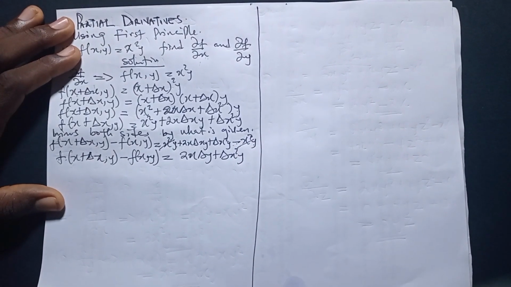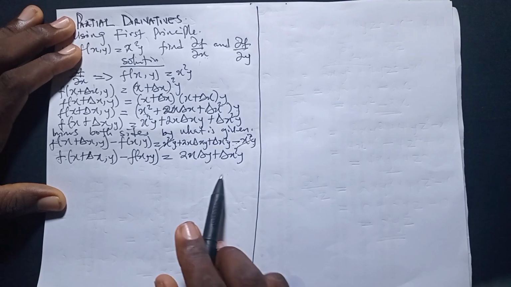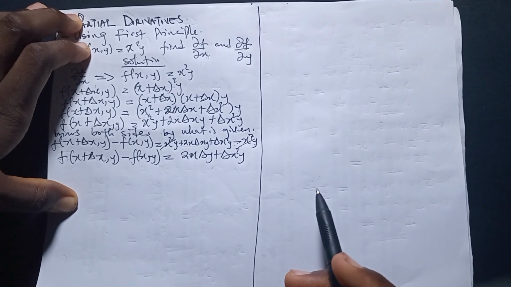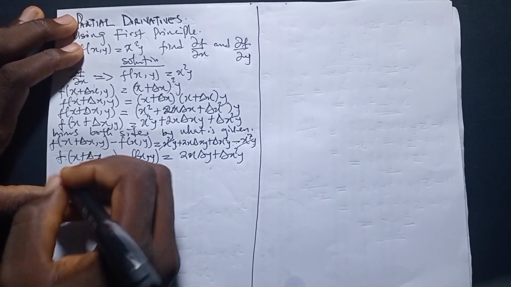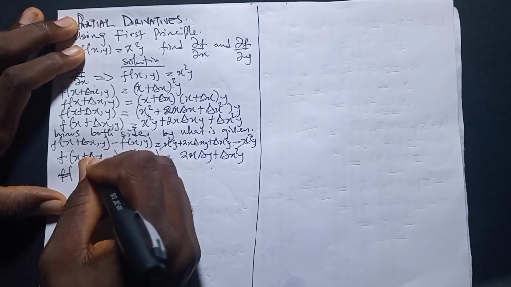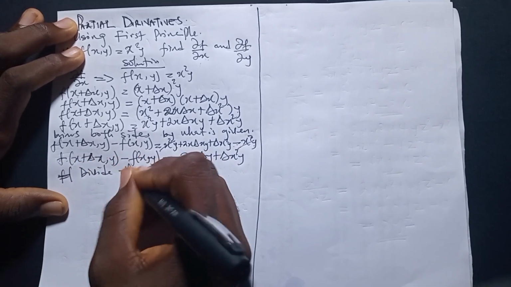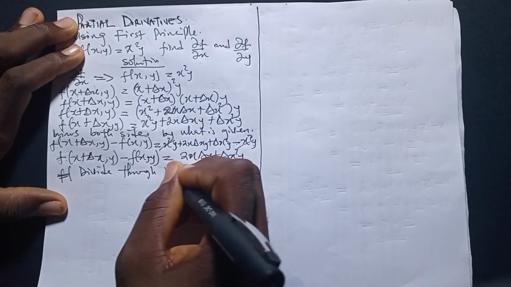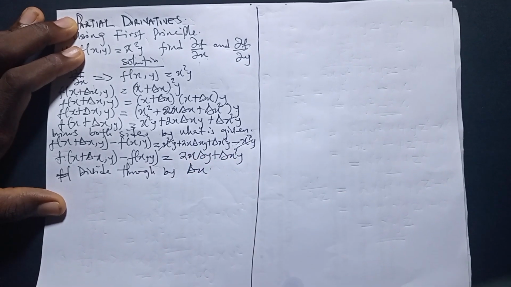So now the next thing to do is to divide both sides by change in x.